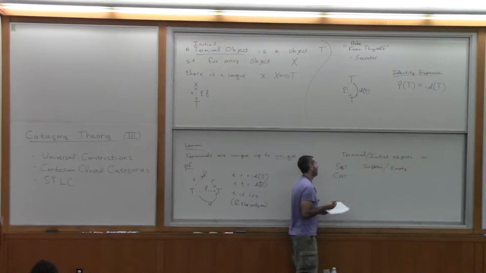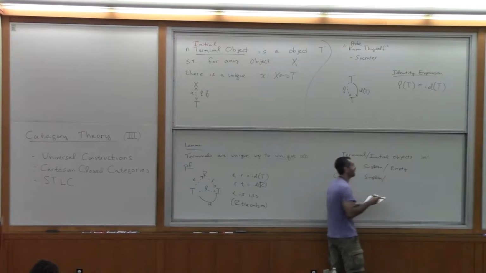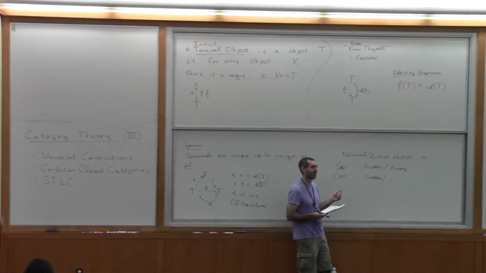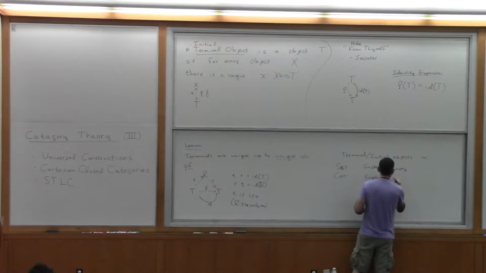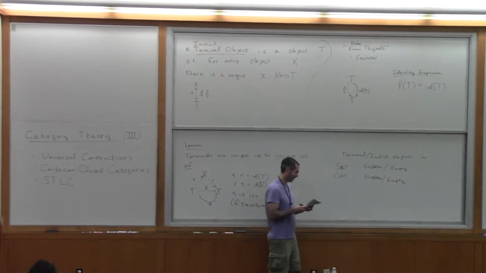In categories of categories, and for simplicity, we'll just stick to small here, right? It's the same thing. The singleton category, well, okay, it's not the same thing insofar as it's not the singleton set, but it's the singleton category that we met on Monday, right? Remember that? One object, one loop is terminal. And the empty category, which we also met on Monday, is initial.